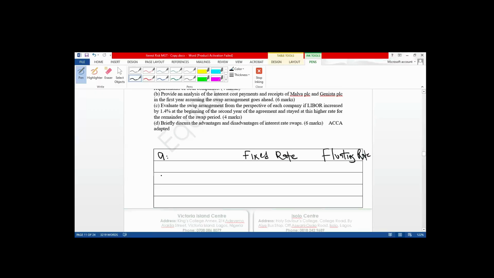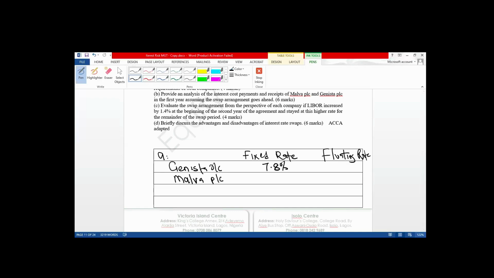You can start with any company first. I have Genista PSC, I have MAVA PSC. What is the fixed rate of Genista, please? 7.8%. Please feel free to ask questions.